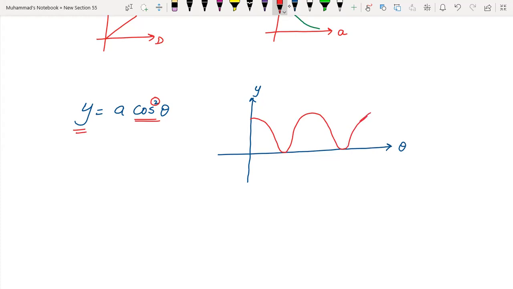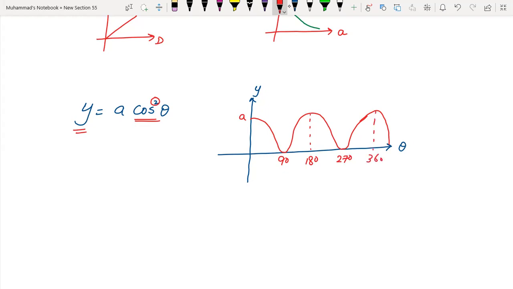What are we going to do? We are taking the square of cos. So at 90 degree it would be 0, and at 180 degree it would be A, and at 270 degree it would be again 0, and at 360 degree it would be maximum.